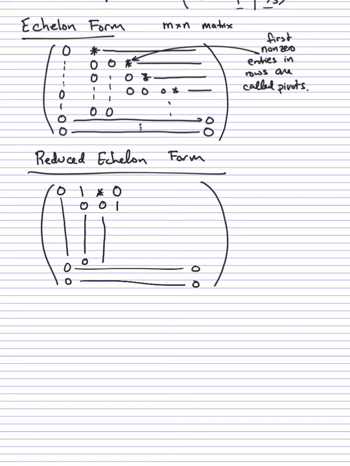And now if you're a pivot, all the entries above and below the pivots, which are now equal to 1s, are 0. Okay, and this is above and below because you've put it into echelon form, so you've made everything below 0, and then you go and cancel the terms above it.